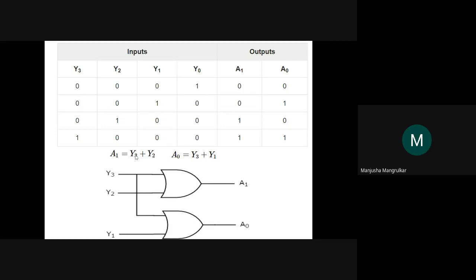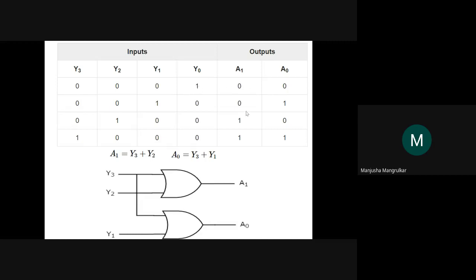Rest all are 0. A1 is equal to Y3 plus Y2, right? Y3 and Y2, and A0 will get Y1 and Y3.